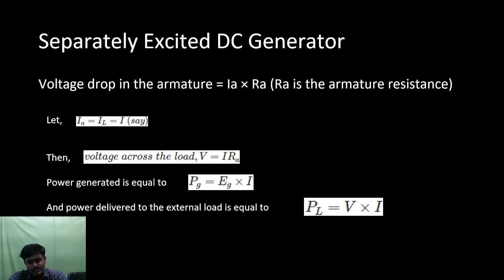Especially for the back EMF, we have the armature copper loss and some mechanical losses. After that we get the shaft power and the mechanical output power as V into I. That is the voltage we can get exactly at the output and the current we can draw from the DC generator, which is called the actual external load power.